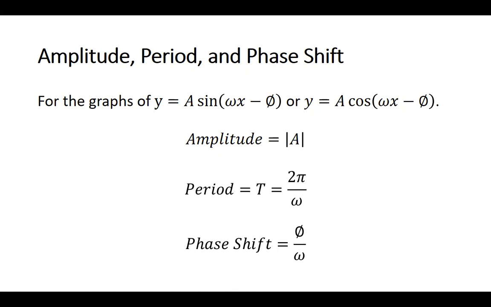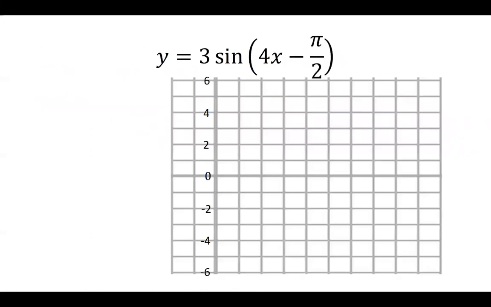So let's just go through it. I think you'll see it as we go through an example. So y is equal to 3 sine 4x minus pi over 2. So first of all, the amplitude is 3, omega is 4, therefore our period is 2 pi over 4 or pi over 2.